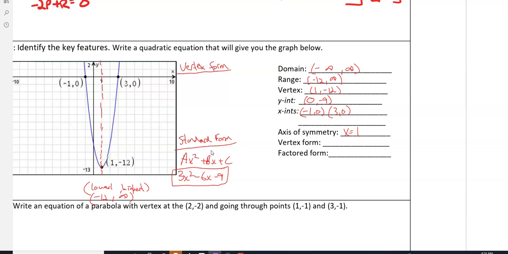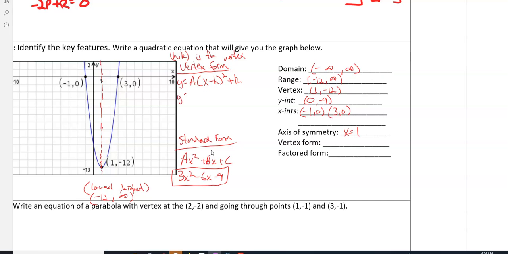So to do vertex form, you have to remember the vertex form general equation is a times x minus h squared plus k, where h, k is the vertex. So remember, the vertex is 1, negative 12.